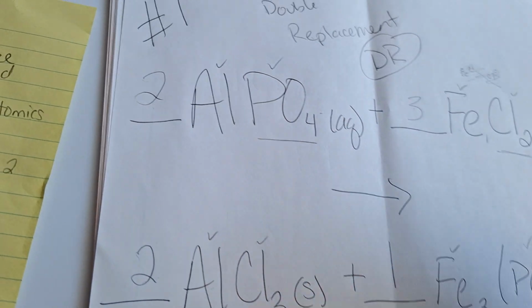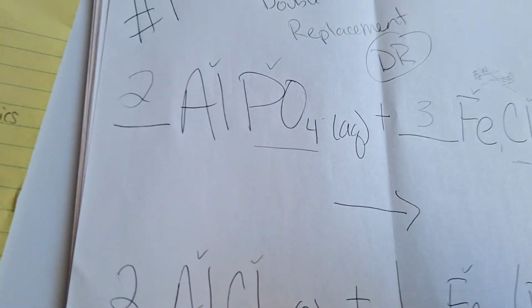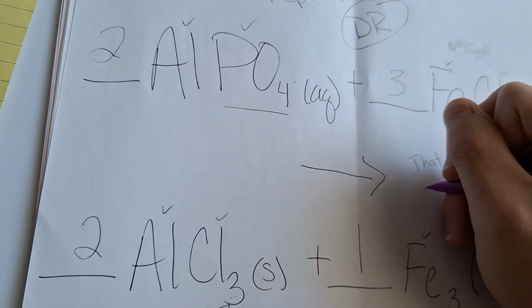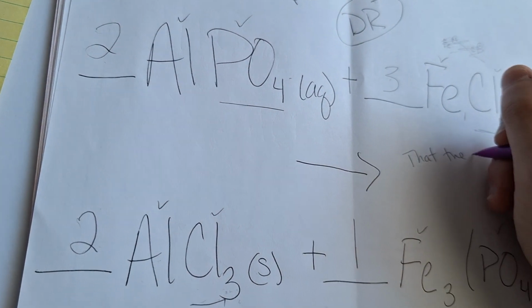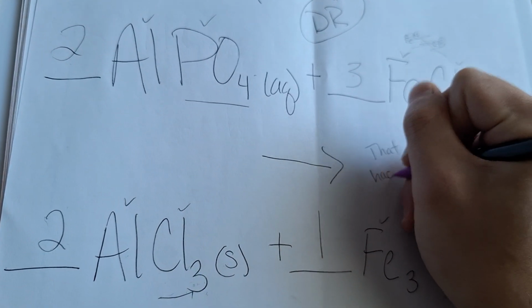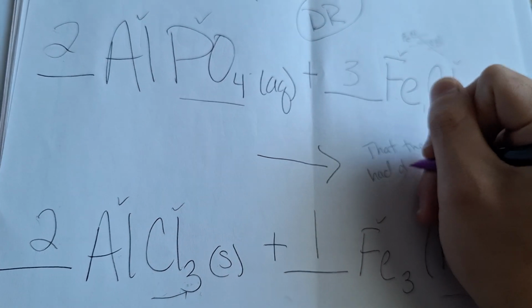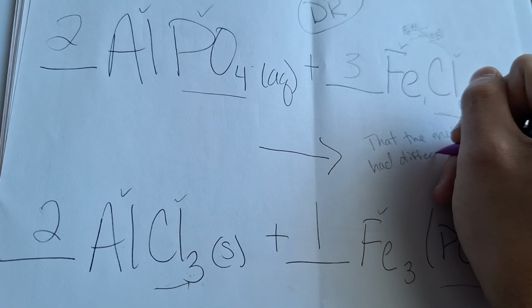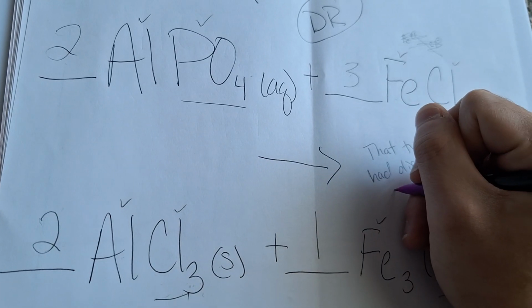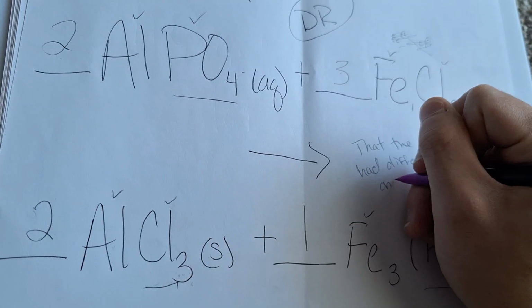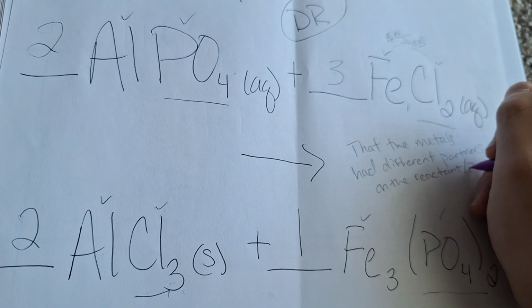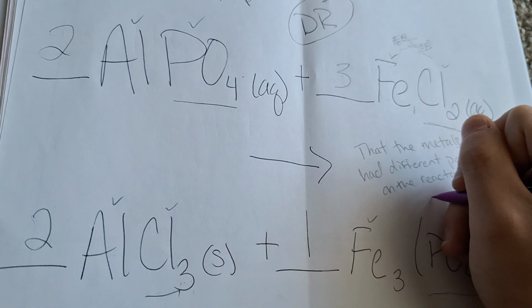So your reasoning could be that the metals had different partners on the reactant and product sides.